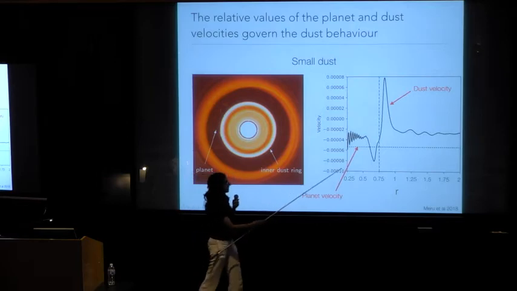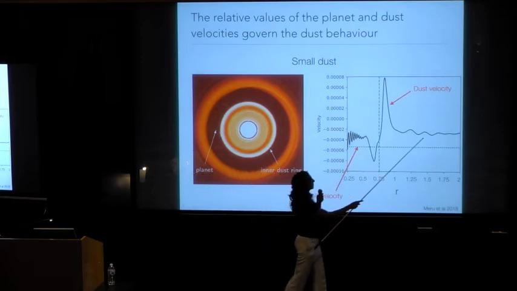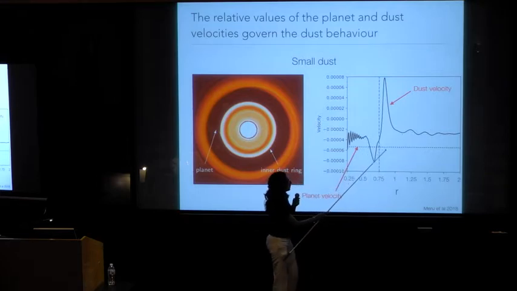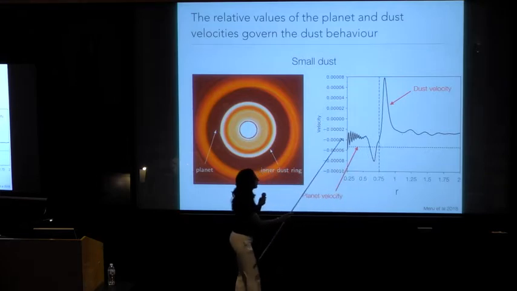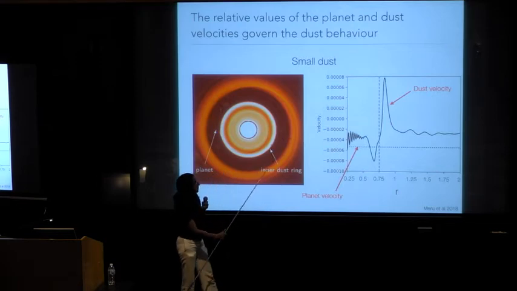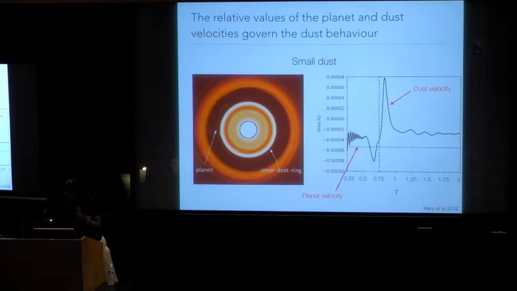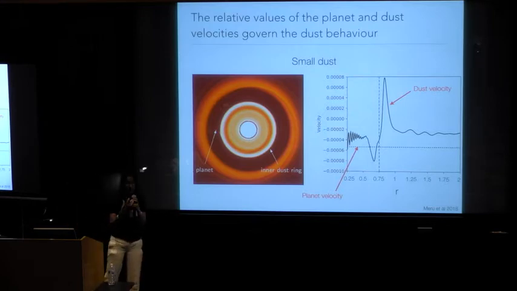And what you see in the outer parts of the disk, the dust velocity is much smaller than the planet's velocity. Okay, so this is moving inwards here. It's moving much more slowly. So what we have, when you've got a planet in the disk, it has its pressure maximum. So imagine the star is over there. The pressure maximum is exterior to it, and it's moving along.